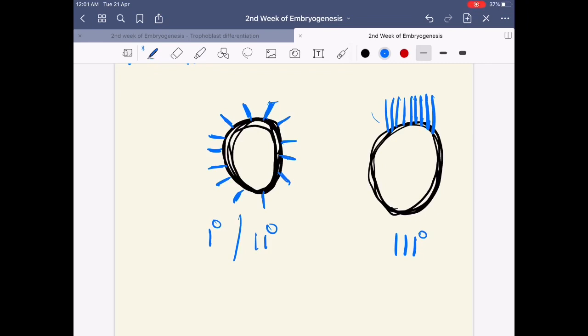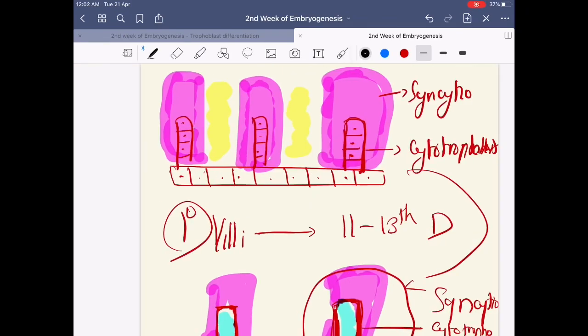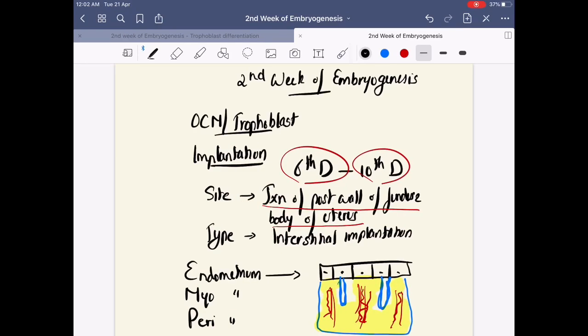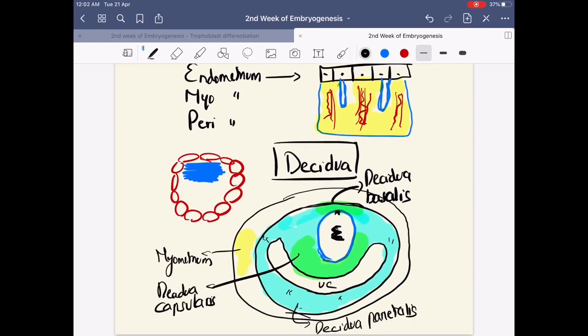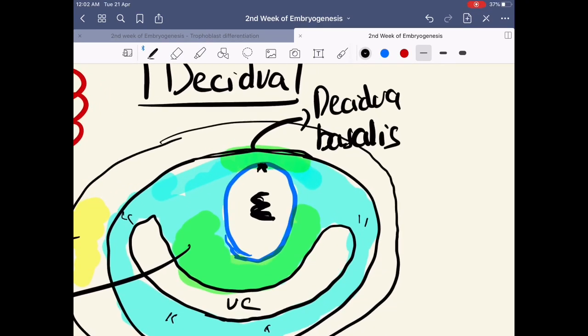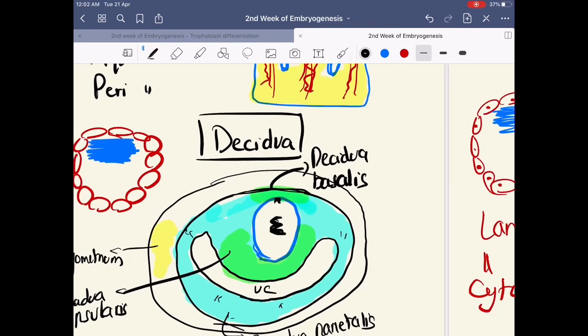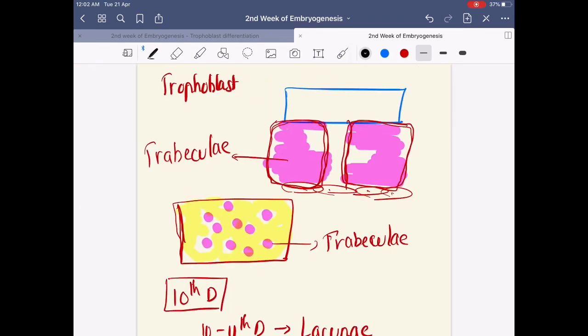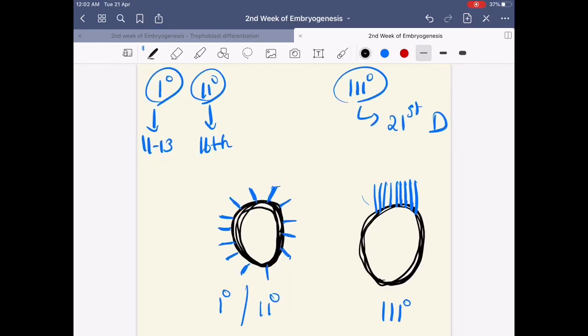Clear? Now I said the part of the decidua in the earlier section of this video, I hope you remember. We'll just scroll back there. We said that the decidua that is present at the part where the connecting stalk is, that is called the decidua basalis. Remember? Right.